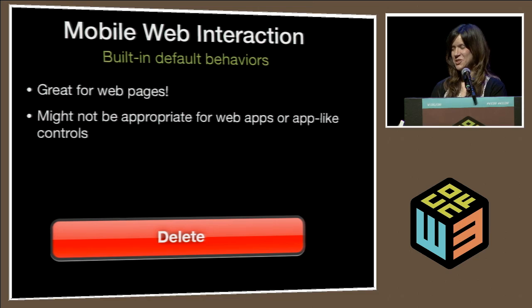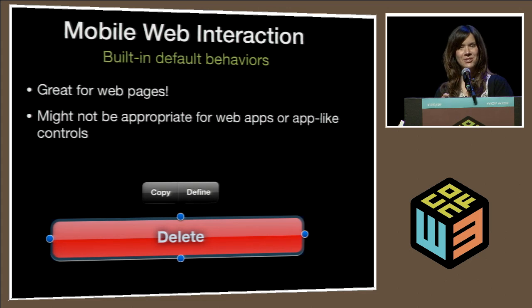The border on the bottom is just perfect. I actually made this and I spent a good amount of time getting it exactly right. And then the user taps and holds on it and this dialog pops up. Obviously that's really disrupting the experience. If I'm making a web app and I want this to behave like a real button, I don't want to give it away that it's actually just text behind the scenes. I want the user to think that it's a button.